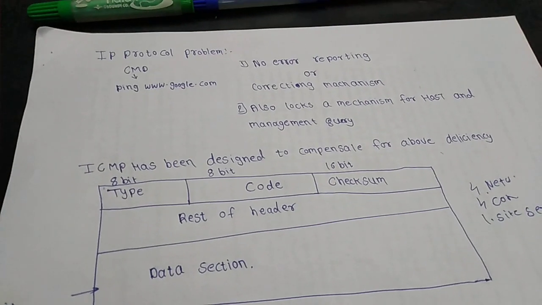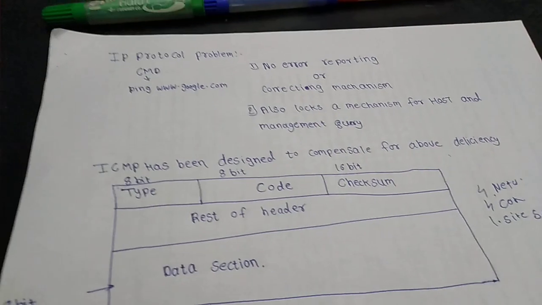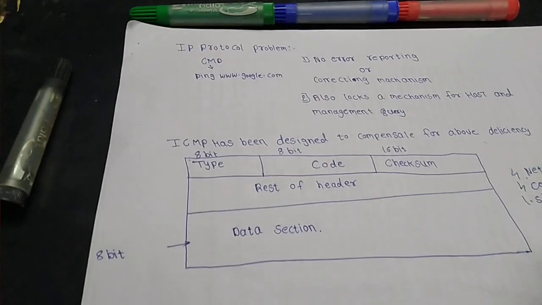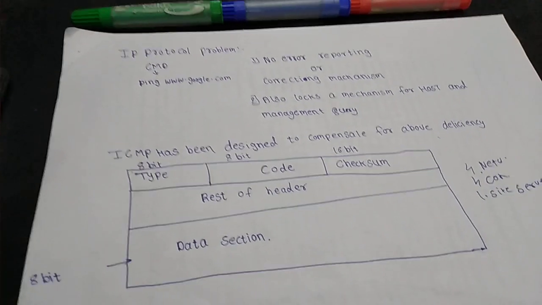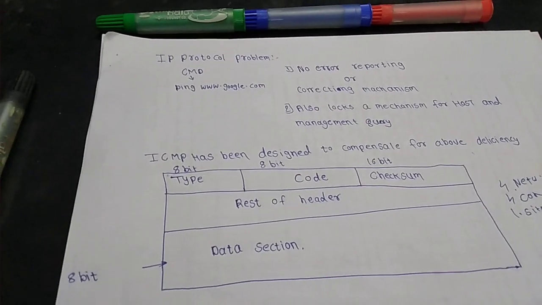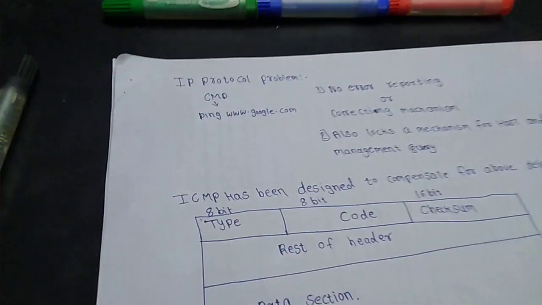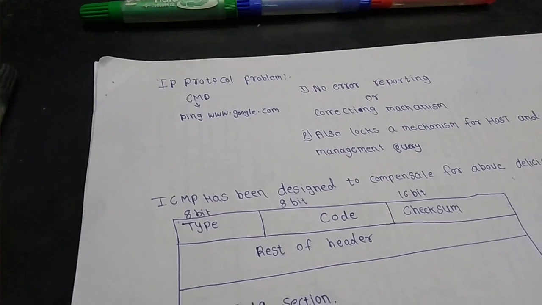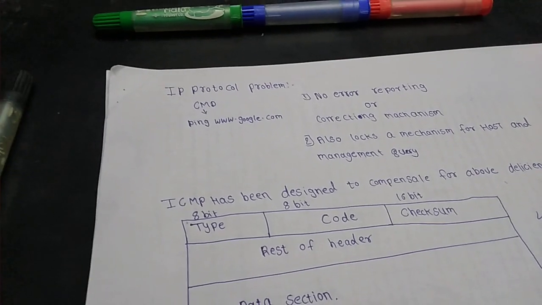The second reason is that it also works as a mechanism for host and management queries. For example, go to your computer, open the start menu, type CMD, and open it as administrator.